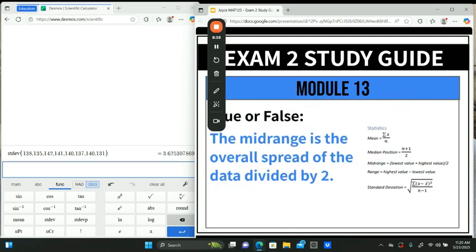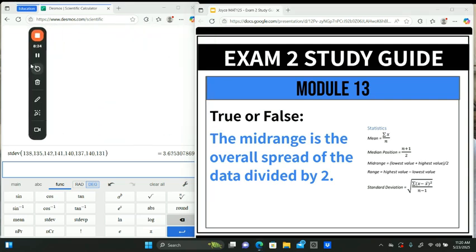Okay, awesome. All right, true or false? The mid-range is the overall spread of the data divided by 2. So if we look over here, this is going to be a part of your formula chart. You will have access to this as well. And we look at the mid-range formula and we see that this is false because the mid-range is the lowest value added to the highest value divided by 2.